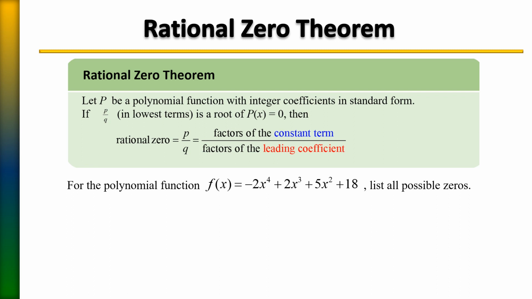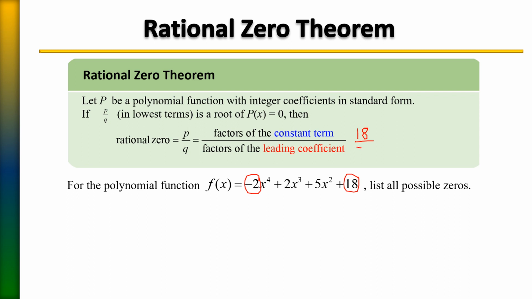So in this example, p over q, p is going to be your constant term, which is your back end term. And q is going to be your front end term of -2, okay?